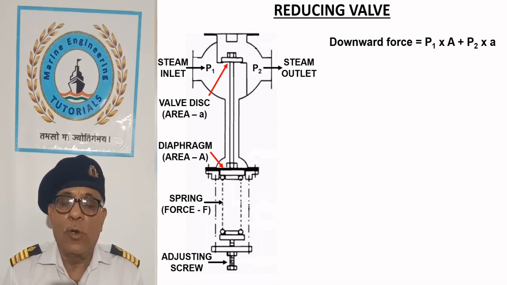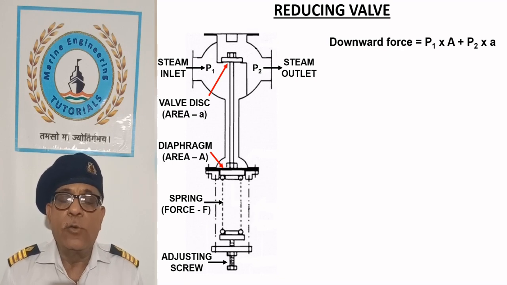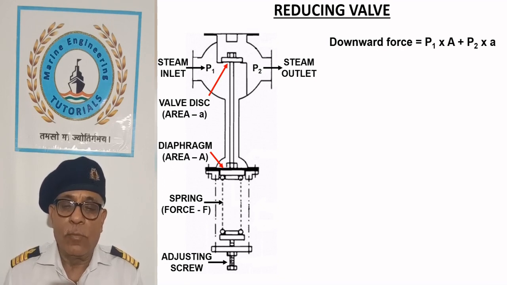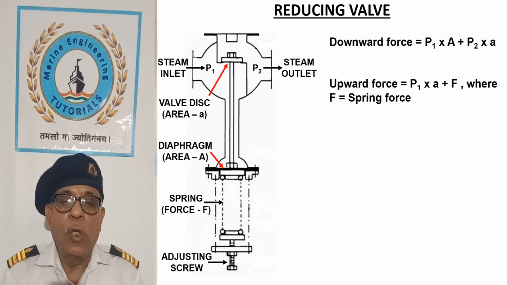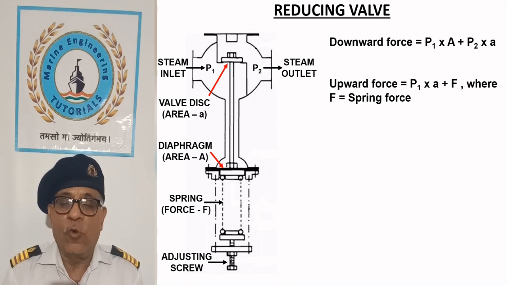Downward force is equal to P1 into capital A plus P2 into small a. Upward force is equal to P1 into small a plus F, where F is spring force.